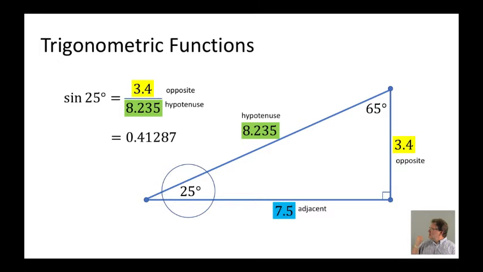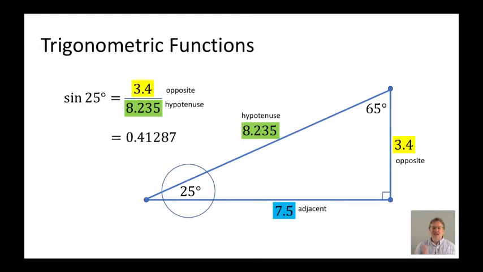So what is the sine of 25 degrees? It's whatever number you get when you take the opposite side, that's the yellow part, and divide it by the hypotenuse. As it turns out, for every 25-degree angle in a right triangle, you get the same ratio between those two sides. Always, always, always. And so what is that ratio? Well, it's whatever you get when you hit 25 on your calculator and then the sin button. By the way, if you've got a more advanced calculator, you might have to hit the sin key first and then type in 25 and hit enter in order to find out what that number is.